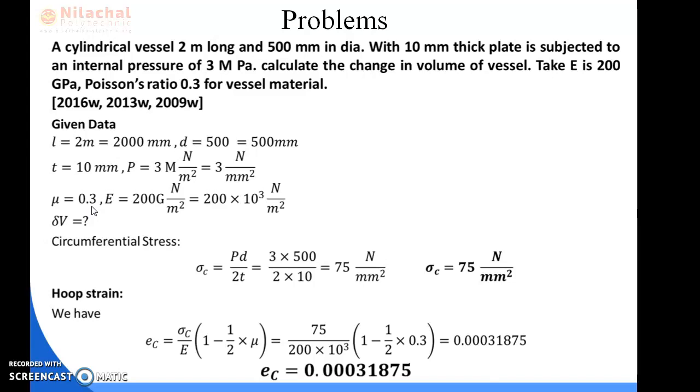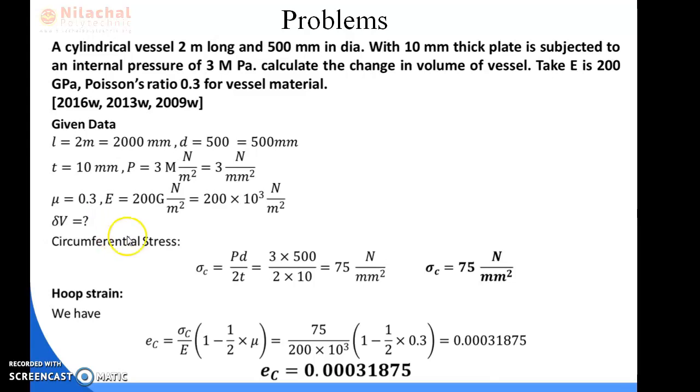Hoop strain is equal to sigma c by E whole bracket 1 minus 1 by 2 mu. Longitudinal strain is sigma c by E into 1 by 2 minus mu, where sigma c is Pd by 2t. These are all the formulas required for finding out the change in volume of the vessel.